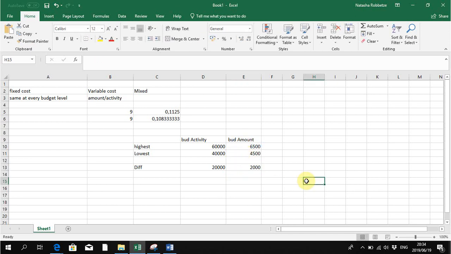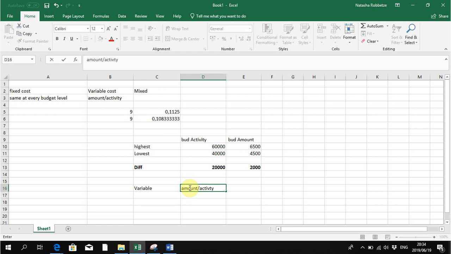Right. And when I have a difference, I can continue and I can calculate the variable cost. Because you will remember, mixed cost has two parts. It has a fixed cost part and a variable cost part. So after calculating this difference, I can go and calculate the variable cost. And the formula of variable cost is amount divided by activity.